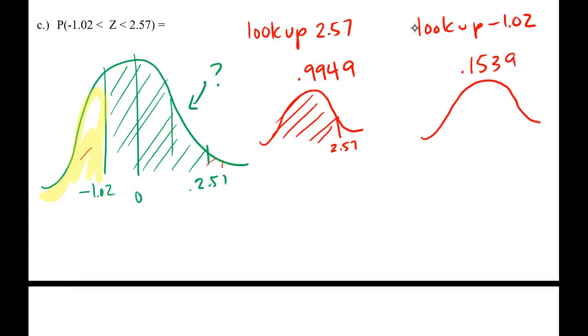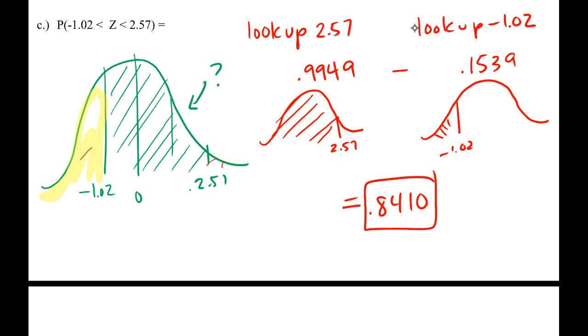This is the extra bit too much that we counted, right? So I'm just going to subtract those, and that's going to give me the correct value that is in that shaded region. So 0.9949 minus 0.1539 is 0.8410. Boom.